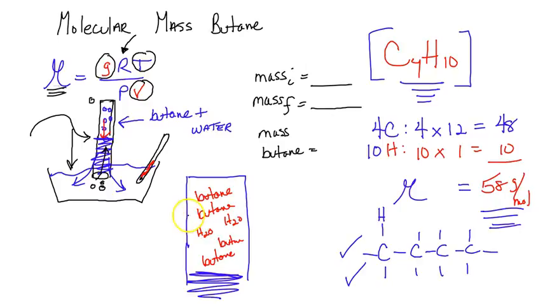Now, what do we care? Well, if I have some water molecules, they're going to contribute to the pressure. But again, to solve for the molecular mass of just butane, I just want the pressure by the butane molecules.